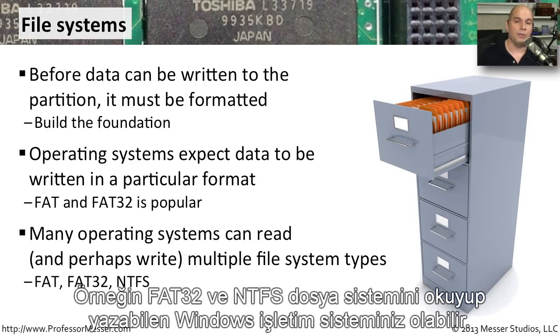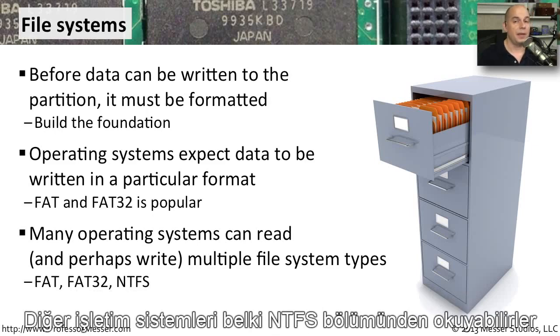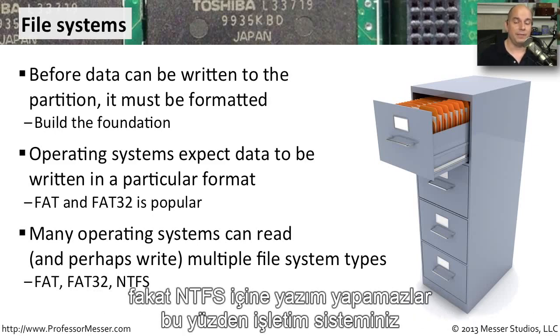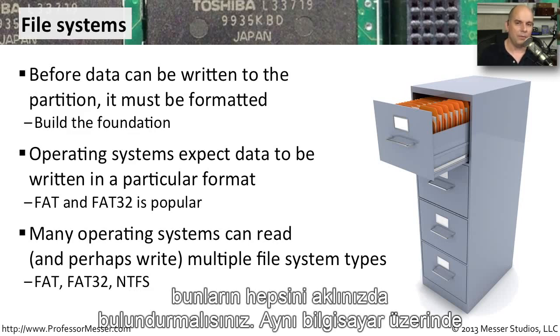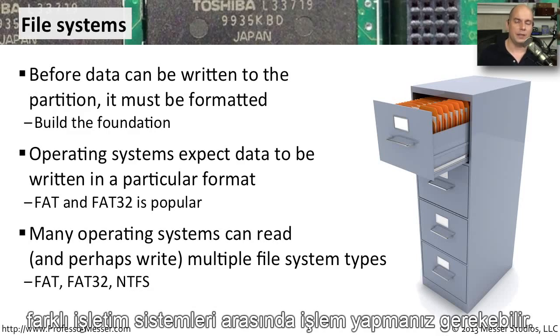For instance, you may have Windows able to read and write from FAT, FAT32, and NTFS. Other operating systems may be able to read from an NTFS volume, but not write information into NTFS. So before you choose the file system for your operating system, keep all of those things in mind. You may need to interoperate between different operating systems on that same computer.